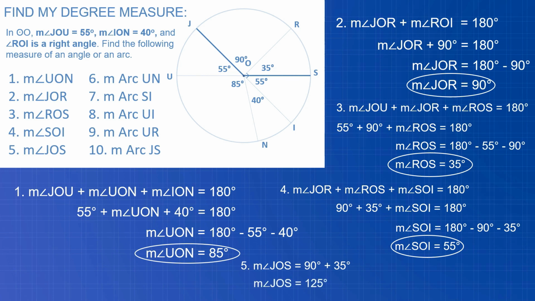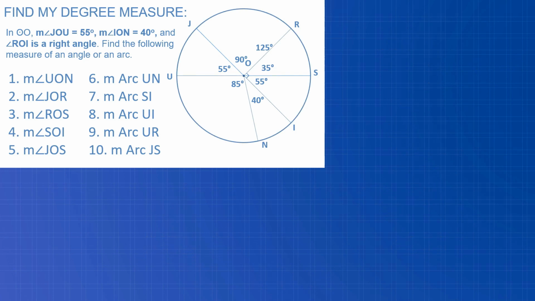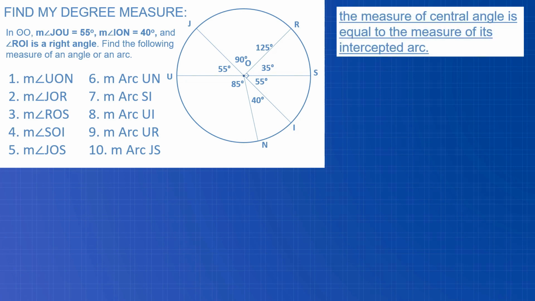Simplify, so the measure of angle JOS is equal to 125 degrees. Now, to answer numbers 6 to 10, remember that the measure of central angle is equal to the measure of its intercepted arc. Therefore, to find the values, just look at the central angles of each intercepted arcs.